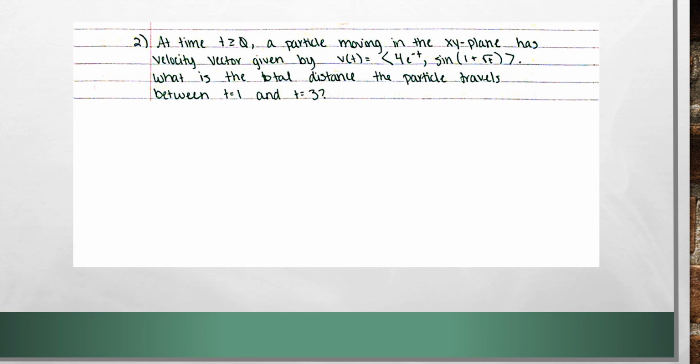So we already know right off the bat that distance equals arc length, so we're going to be using that arc length formula. And since it gave us v of t, which means velocity, that means that these two functions, the x function and the y function, are already derived. So all we have to do is plug it into our formula.